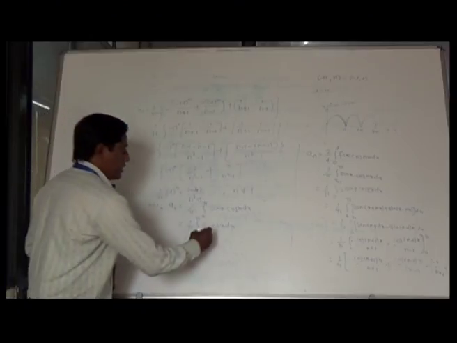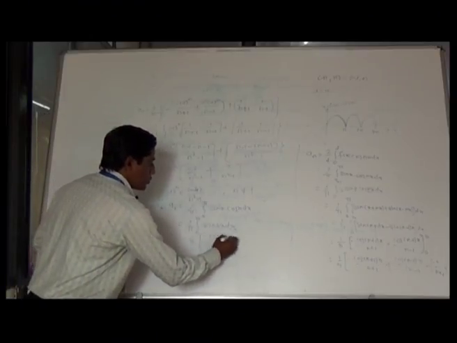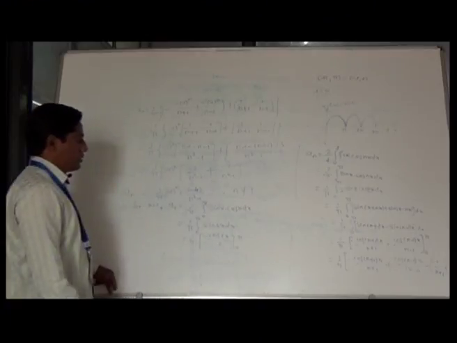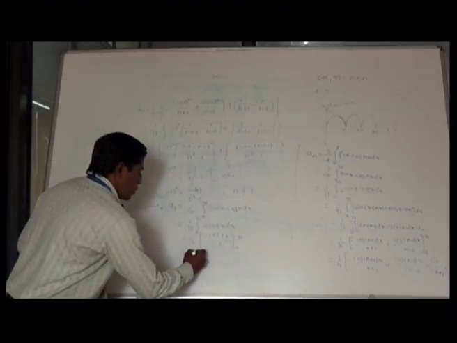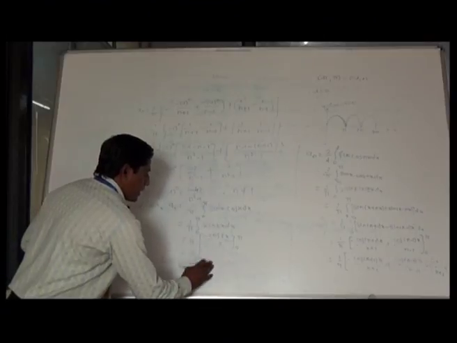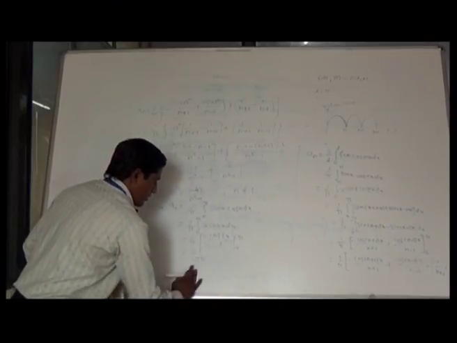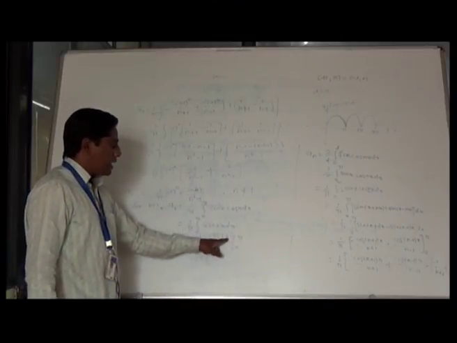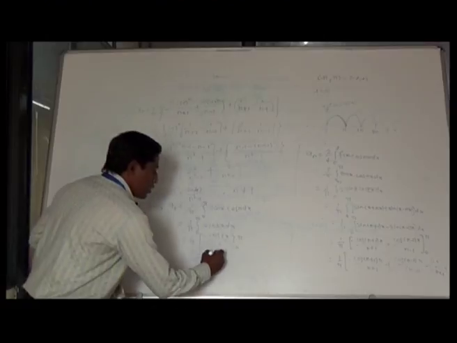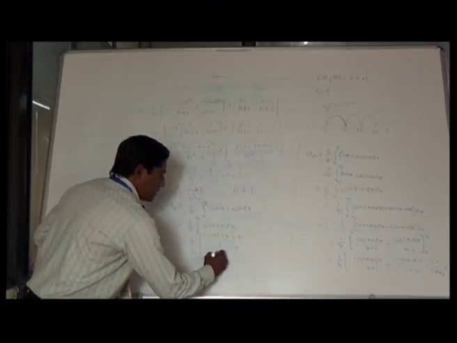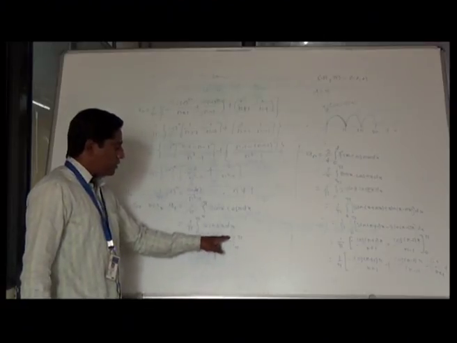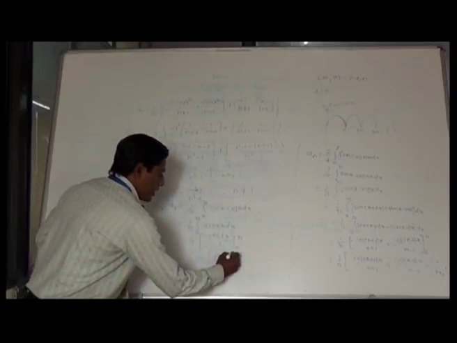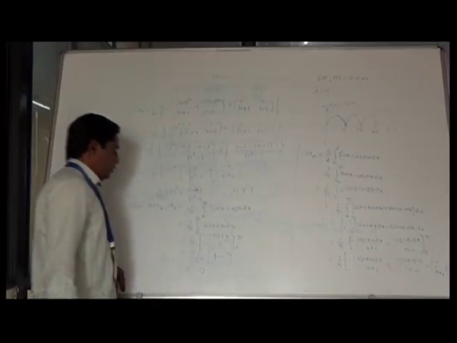It is the same as 1 upon pi, integral of sin 2x is minus cos 2x divided by 2, limits 0 to pi, equal to minus 1 upon 2 pi. Put x equal to pi, so this is cos 2 pi is 1, minus x equal to 0, this is cos 0 is again 1, so it is 0.